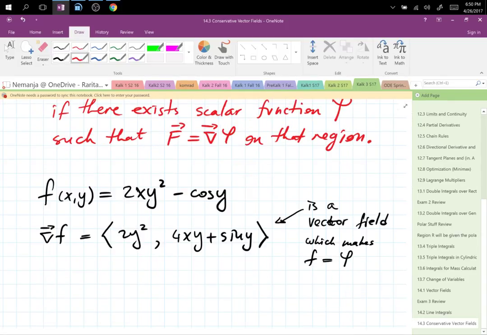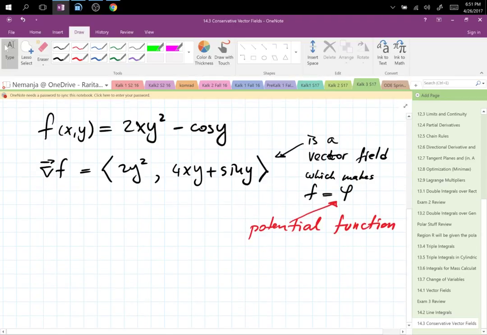What is a potential function? A potential function is a scalar function which generates a vector field.